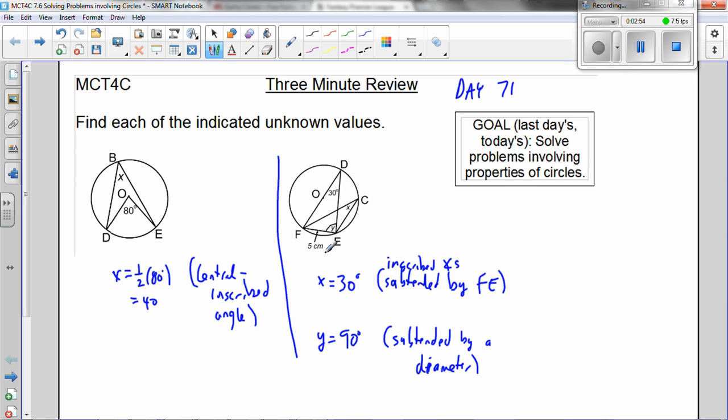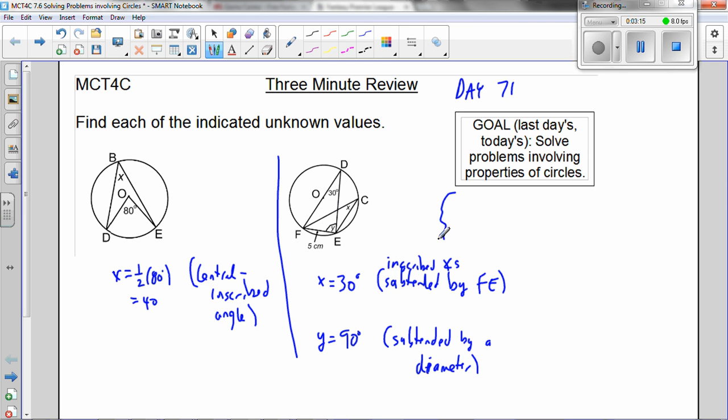And notice this 5 is just sort of irrelevant information. We never used it at all. But notice that we could now start to use trig, for instance. We could find out the length of DE. We could figure out the length of DF using, well, notice the opposite side and the hypotenuse.